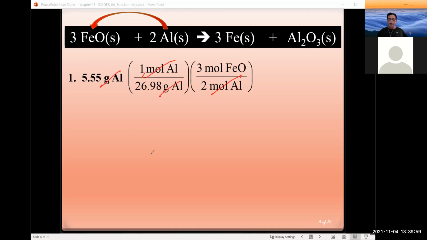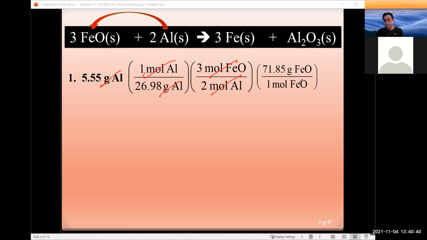Notice that we've set it up properly, and the units we started with are being removed and we get into the units we're looking for. The question asks how many grams of iron 3 oxide are necessary. At this point you're only at moles of iron 3 oxide, so you need the molar mass of iron 3 oxide. You look at the atomic weight of iron and the atomic weight of oxygen and add them up, and it should add up to 71.85 grams per mole.